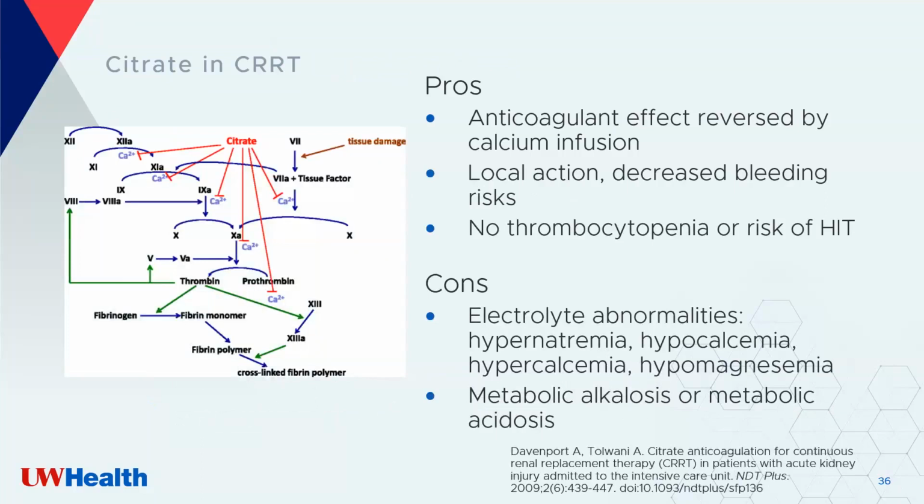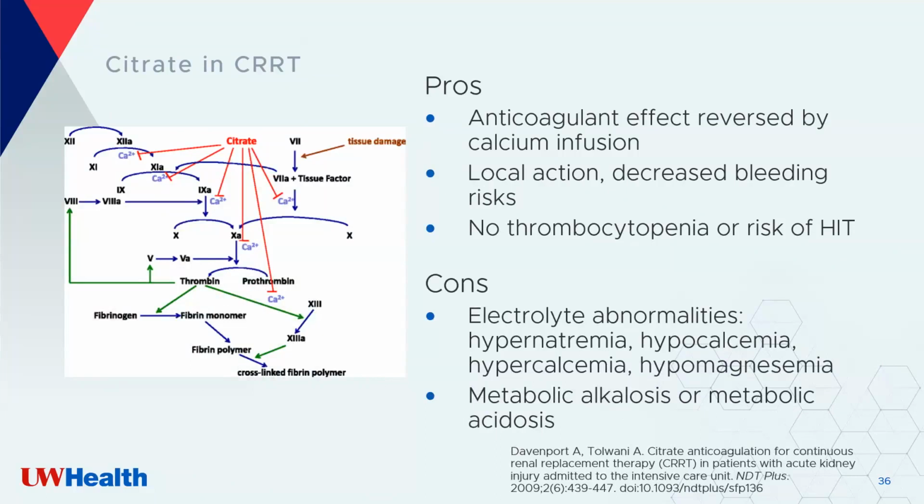The last option that I wanted to review is citrate. Citrate works by chelating the free calcium in the CRRT circuit. As you can see on the left-hand side with the coagulation cascade, there are many calcium-dependent procoagulants, and citrate chelates this calcium to help prevent the coagulation cascade from continuing.